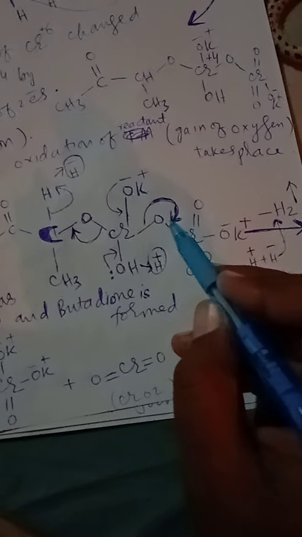CH3 C double bond O, C double bond O, CH3 C double bond O, plus O, plus O, C double bond O, O double bond Cr.